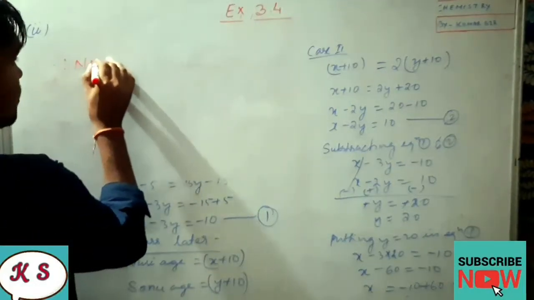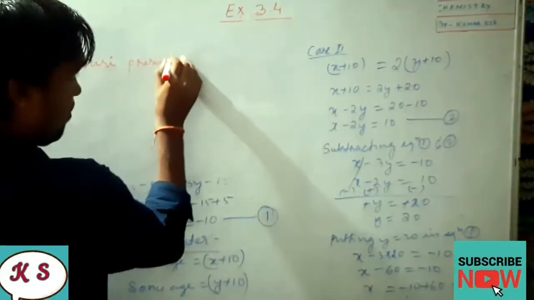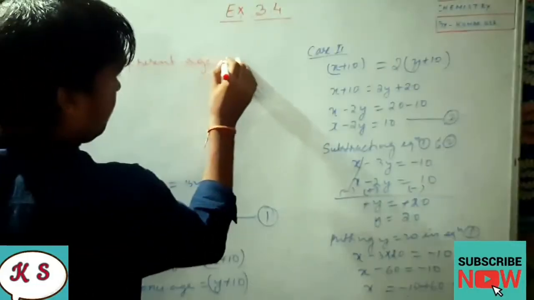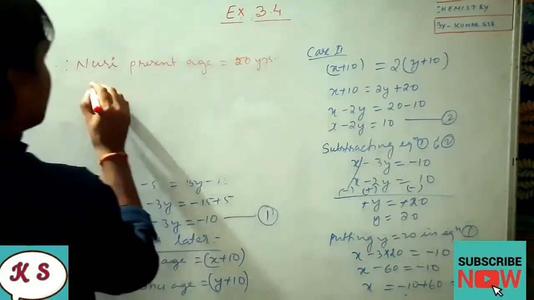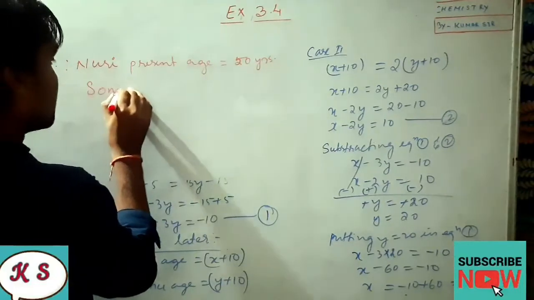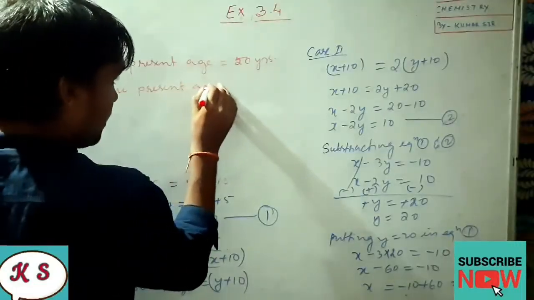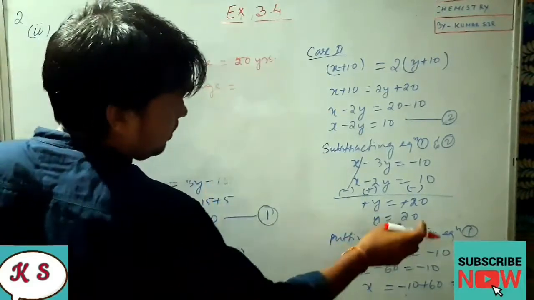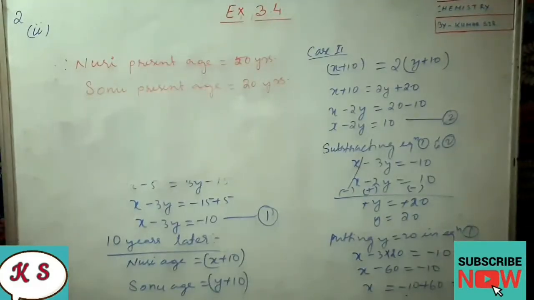Therefore Nuri's present age equal to how much? 50 years. And Sonu's present age equal to y, that is y how much? 20. So 20 years. Okay, so this is the solution to question number 2.